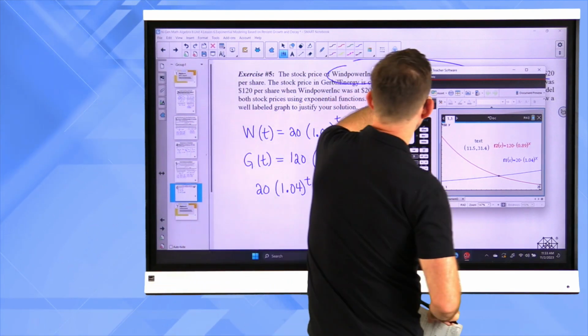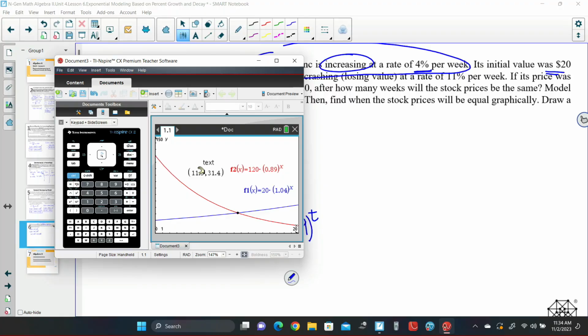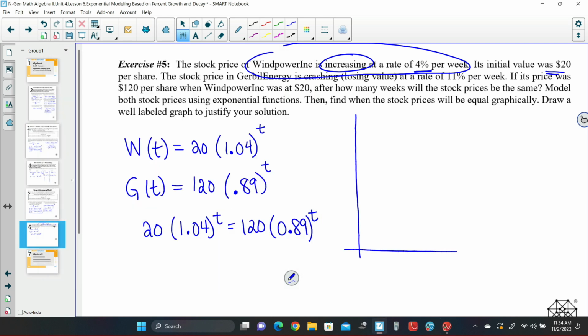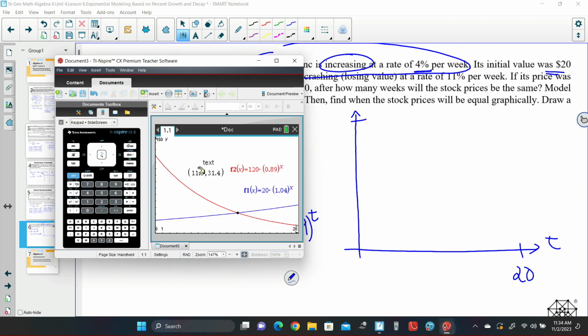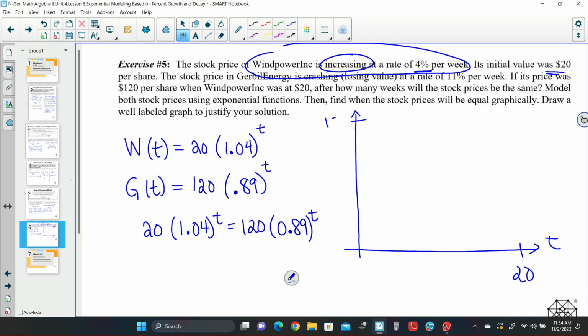Now, they do say draw a well-drawn graph, to sort of make this look right. So what I'm going to do is write down my scale, t. I think my maximum was up there at 150. Okay, we had that was our gerbil power, so I can just say g of t is equal to 120 times 0.89 to the t.